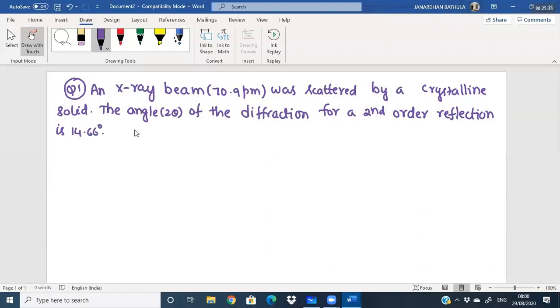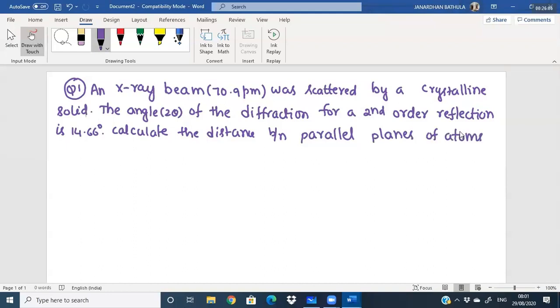Calculate the distance between parallel planes of atoms of the crystalline solid.